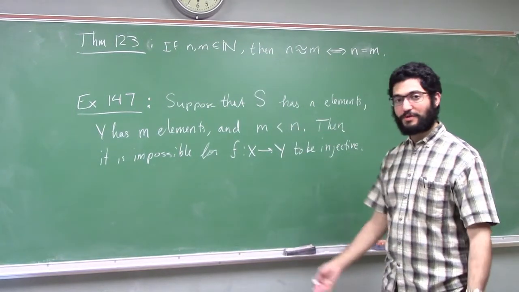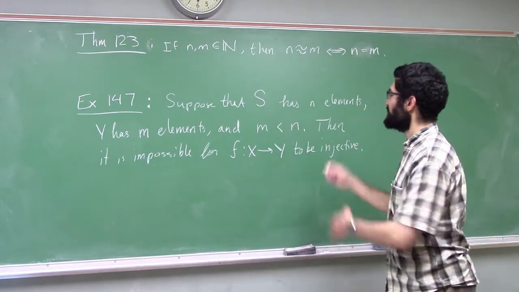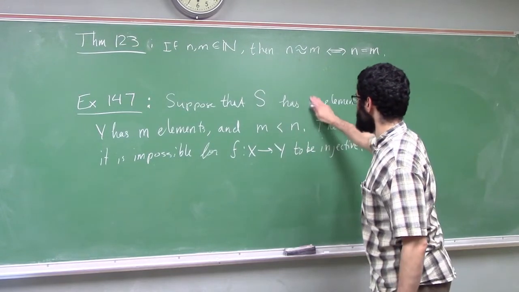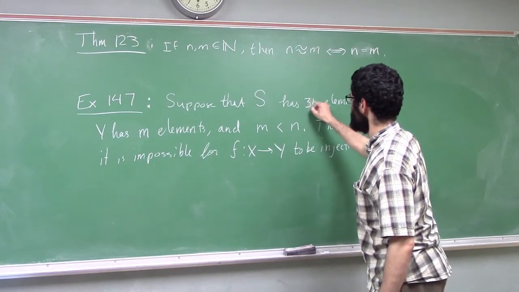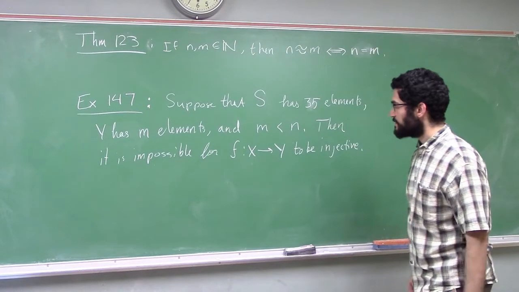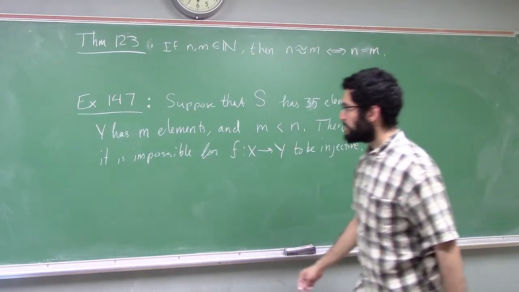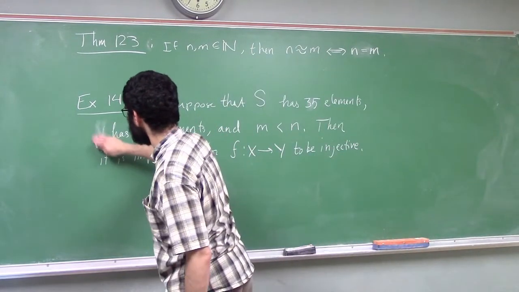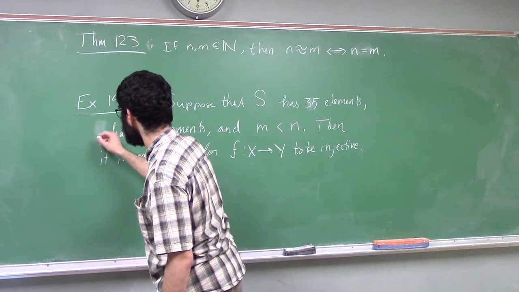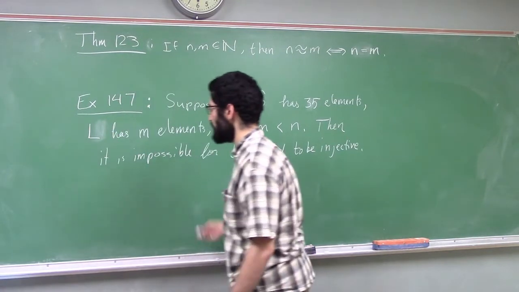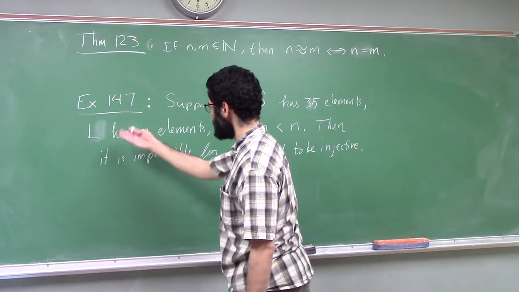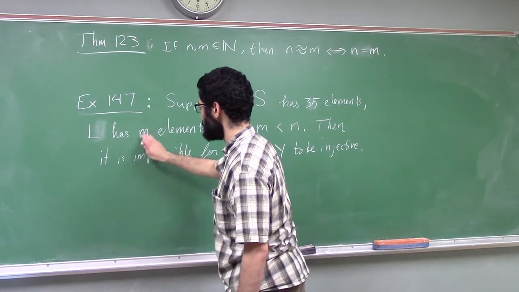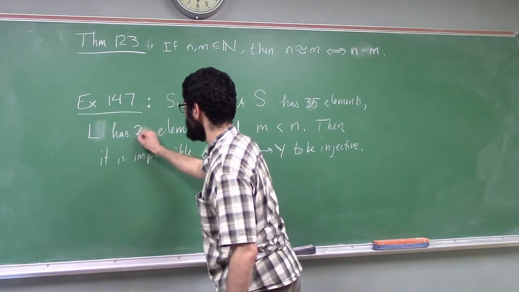So each one of you is an element of S. And I think the course has about 35 students. I'm not sure exactly, but let's say it's 35 elements. And let's make y be, so instead of y, let me call it L, for the letters of the alphabet. So let's suppose L is the set of letters of the English alphabet. So there's 26 of those.